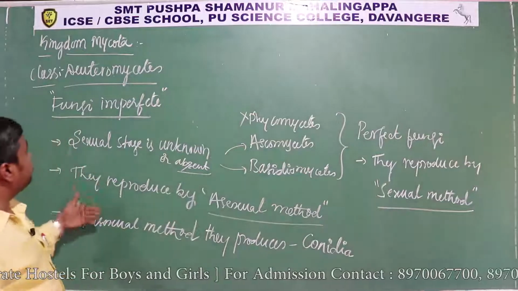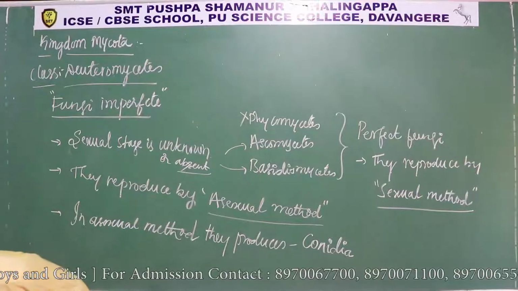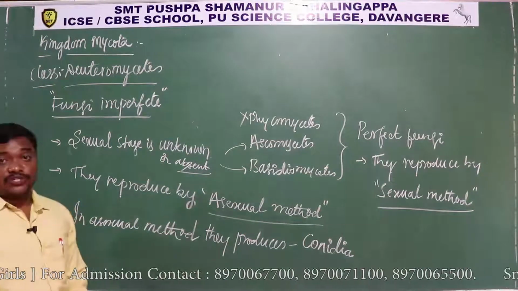So this is the brief information regarding the fungi imperfectae. Why are they called imperfectae? Because they don't have a sexual stage.